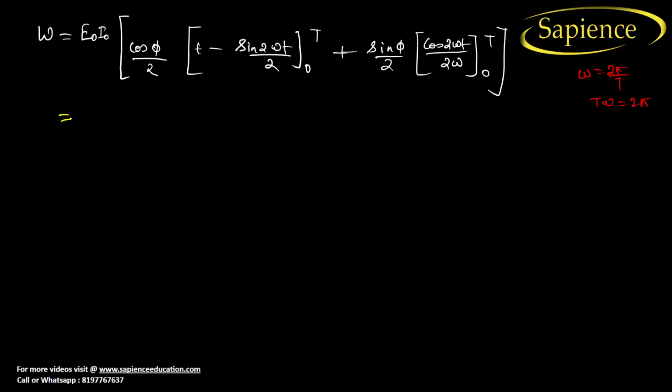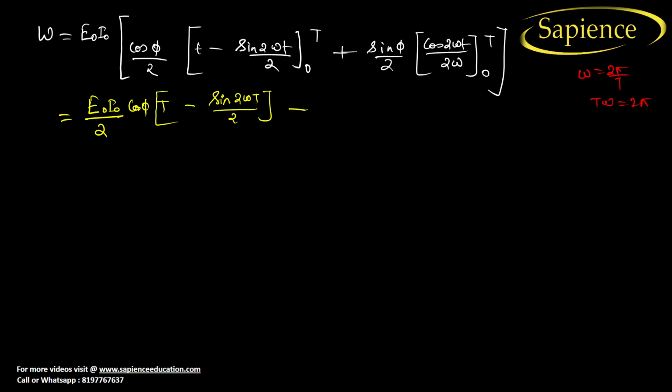So I can combine here E naught I naught by 2 cos phi, and if you put here t minus 0, so finally you are getting t minus, again sin 2 omega T divided by 2 minus 0.